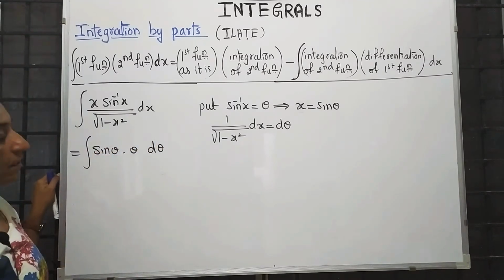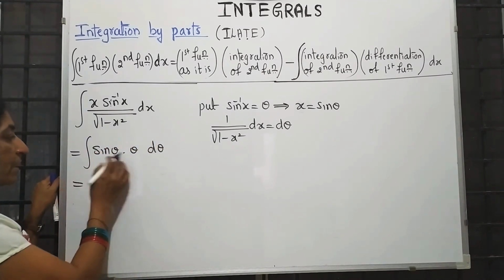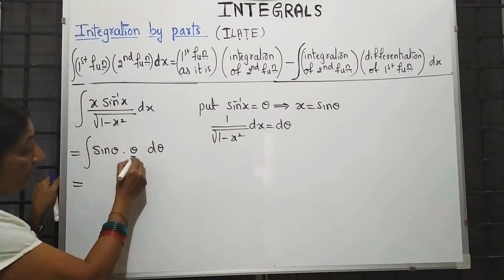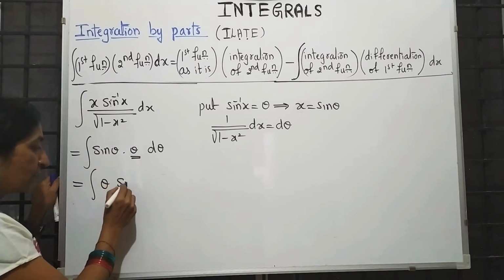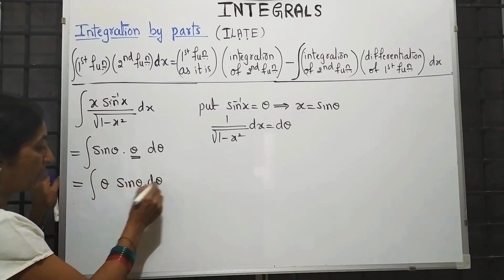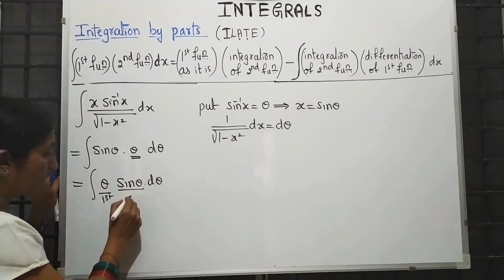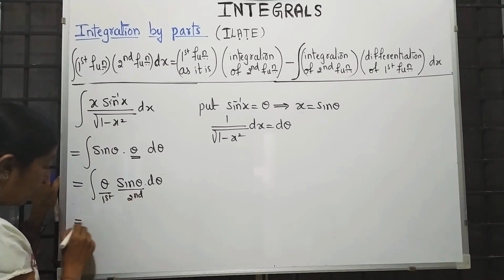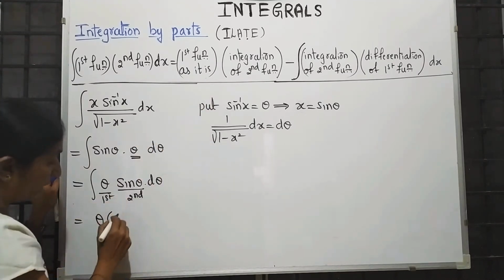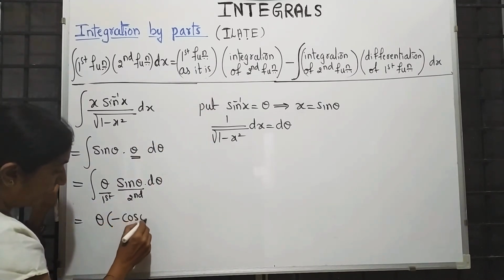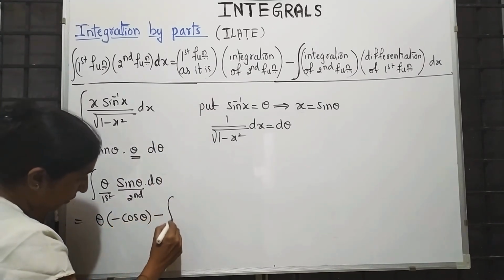I already explained this in the previous example. Again it is just like the previous one. Theta is algebraic, sin theta is trigonometric. Theta is the first term, sin theta is the second term. So what does the rule tell? First function as it is, integration of the second. Integration of sin theta is minus cos theta, minus integration of sin.